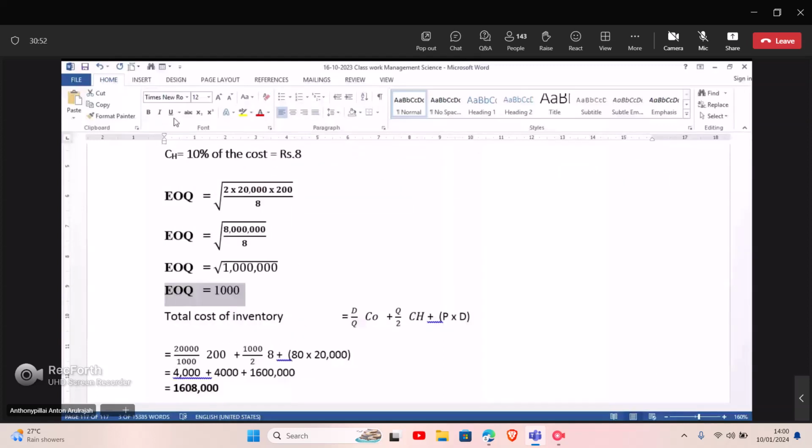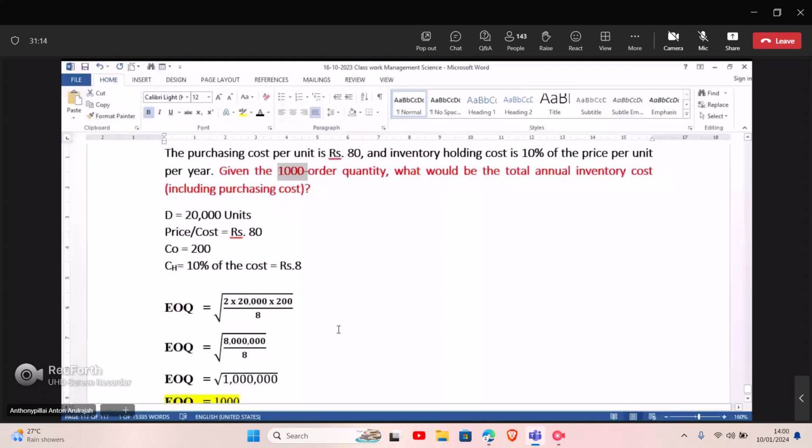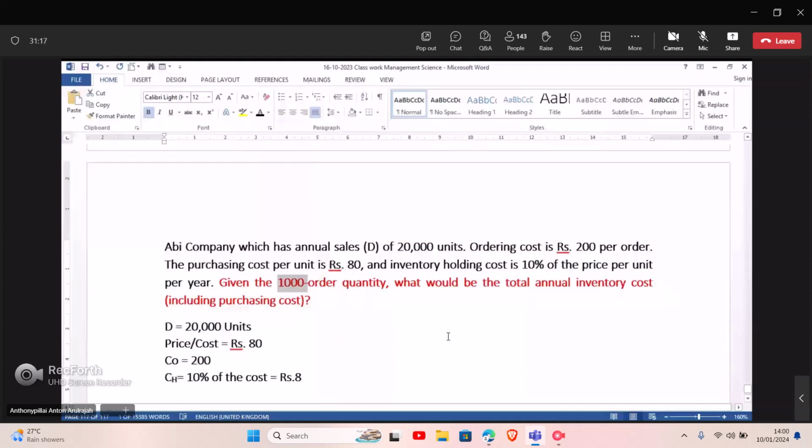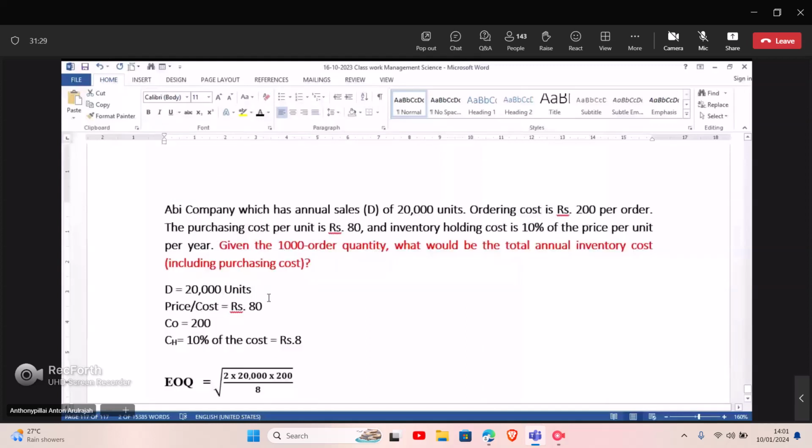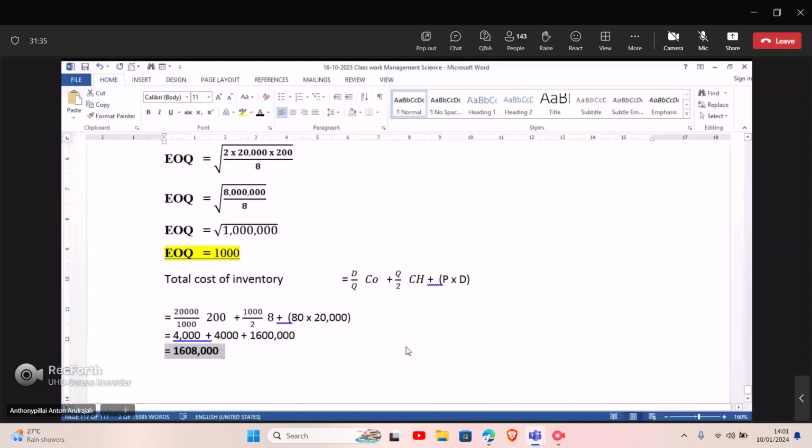You have to only consider the given quantity. Say the EOQ calculation gives 4,000, but if the given quantity is 1,200, you have to consider it as 1,200.